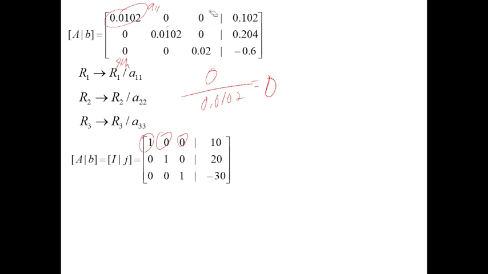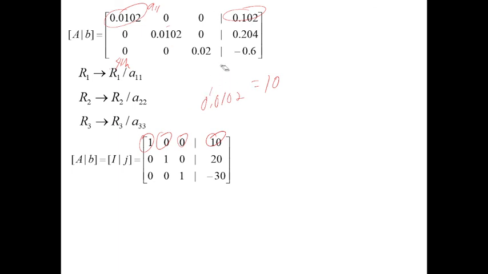R1 fourth element is 0.102, and dividing that we get 10. That's how simple it is. The shortcut: if it is 0, dividing by any number that is not 0 gives 0. So 0 over any number that is not 0 is 0.